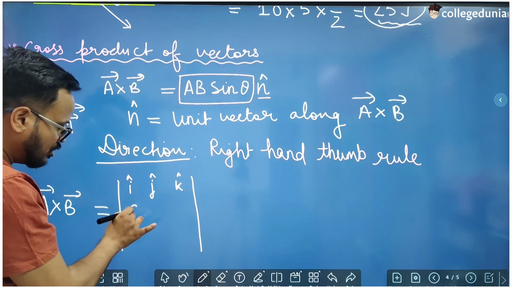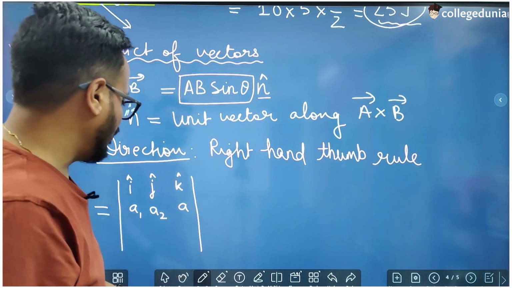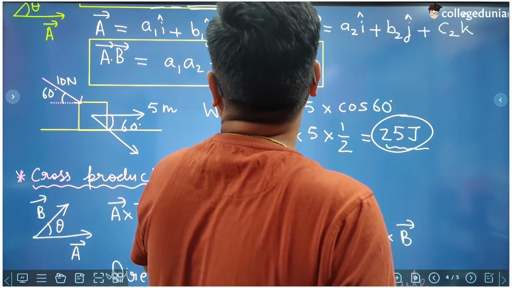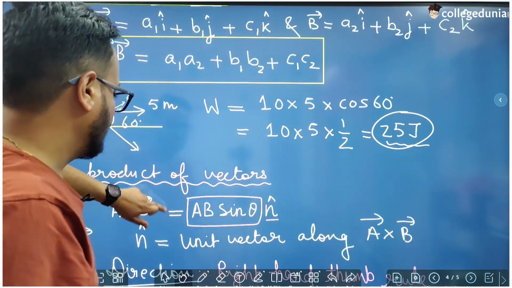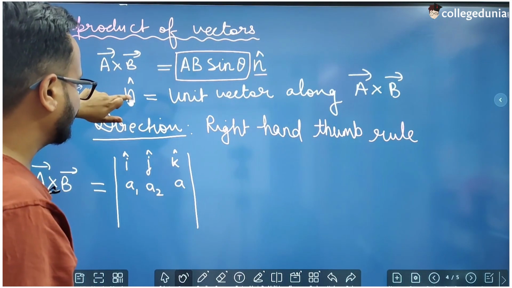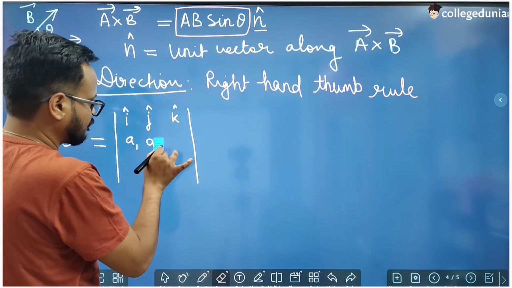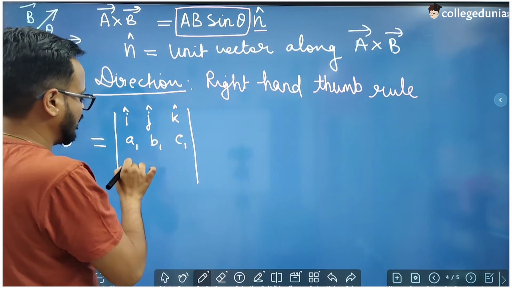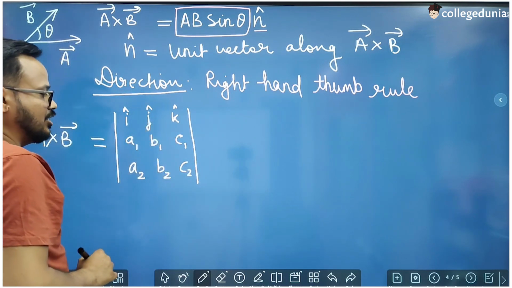The second row should be the coefficients, a1, b1, c1, and the third row a2, b2 and c2, right?